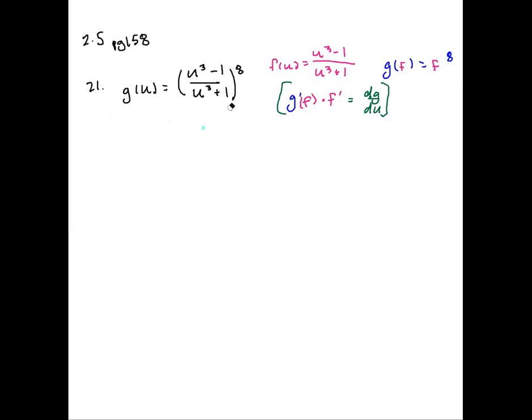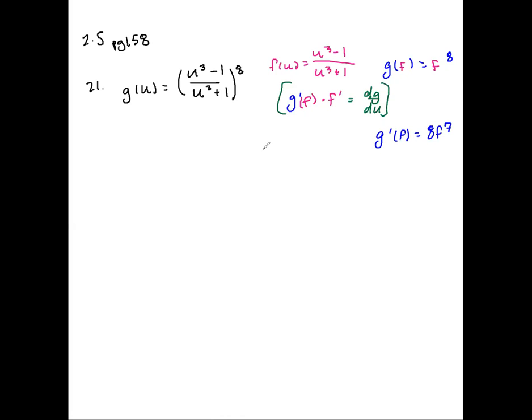So the next thing I will do after doing this is we need to decide what g prime and f prime are. So g prime of f is going to be equal to 8f to the 7th.